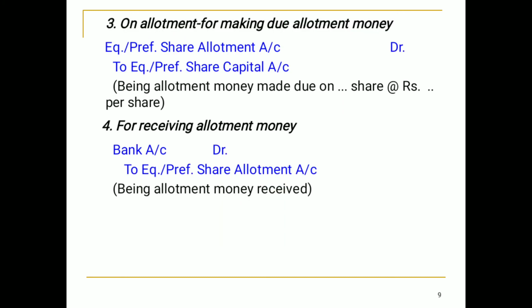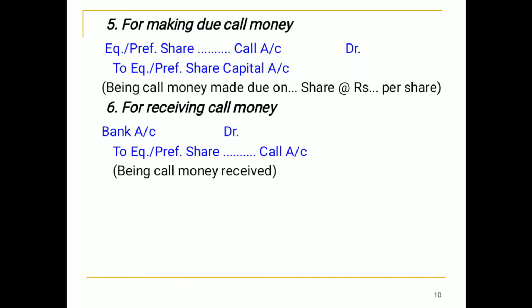Then allotment money becomes due, then allotment money is received. Then call money becomes due and call money is received. The call can be first call, or second call. If there is only one call, it becomes final call, first and final call.